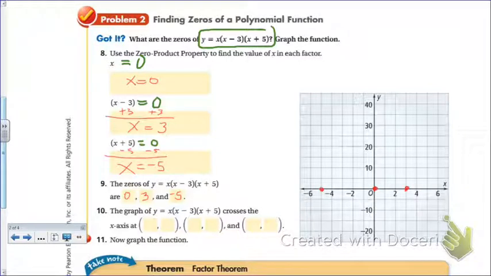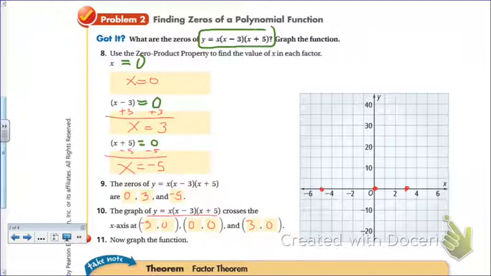So I know that my polynomial is going to go through those points. The graph of the function crosses the x-axis at (-5, 0), (0, 0), and (3, 0). Now it says, now graph the function.